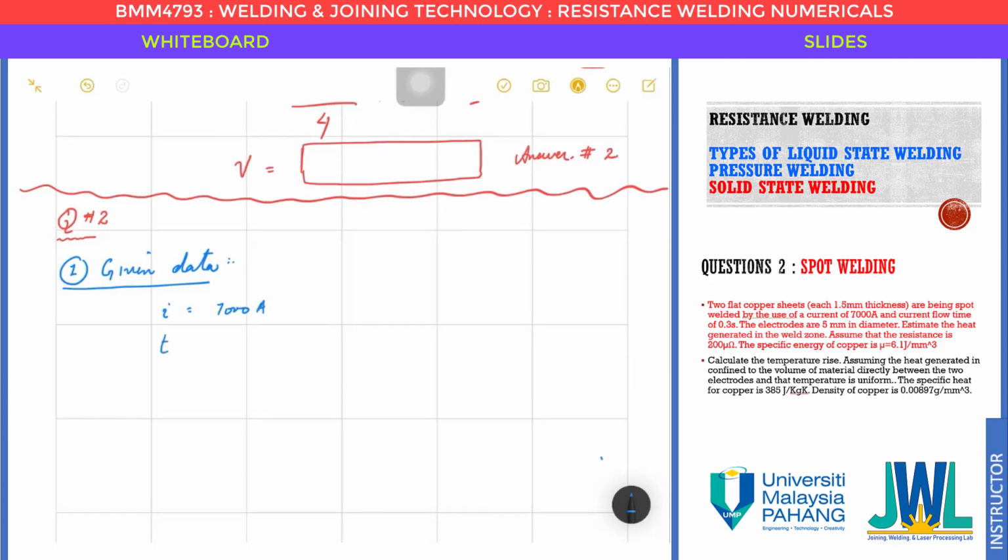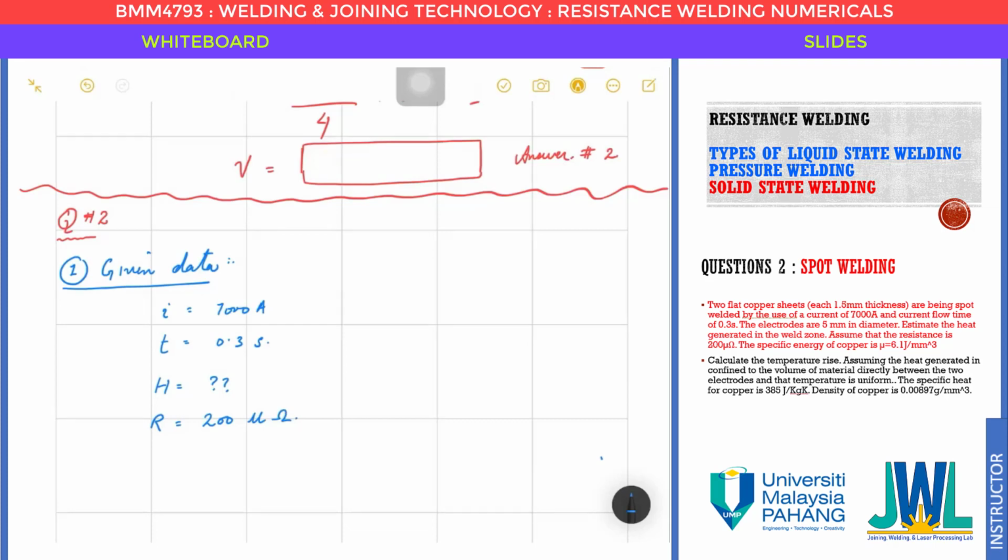Time is equal to 0.3 seconds. So do note that the time for which the current is on is 0.3 seconds. So resistance welding is very fast that in 0.3 seconds it will produce the joint. It's so fast. Now we need to calculate the amount of heat generated. Okay, the resistance given is 200 microohms.